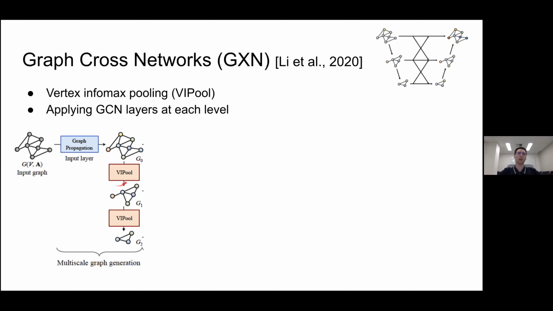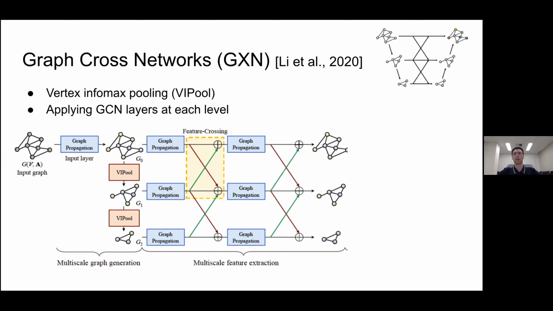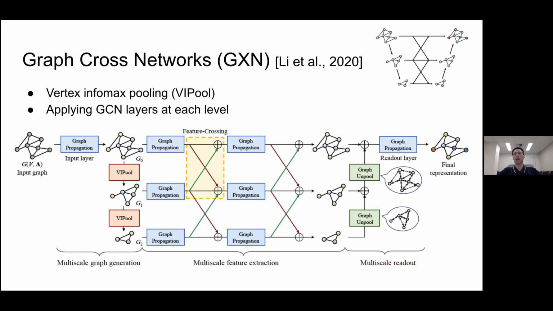This way the graph is down-pooled and the multi-scale representation is created, and then the messages are being passed not just within each resolution view, but also between the neighboring ones. This process is iterated a few times, and then eventually read out from all these resolution views.